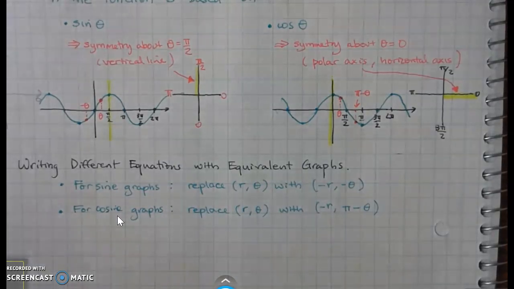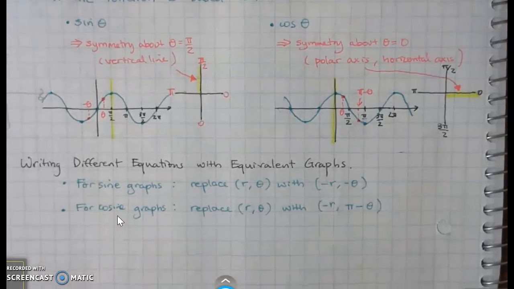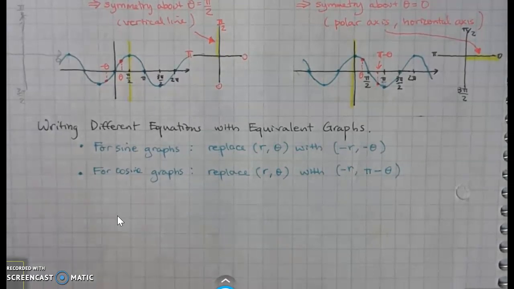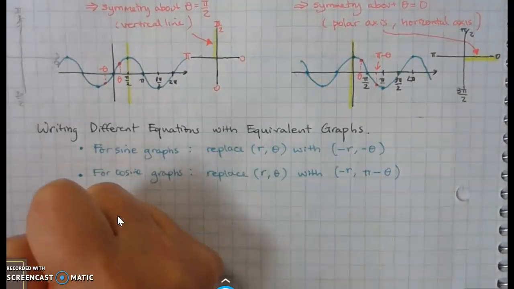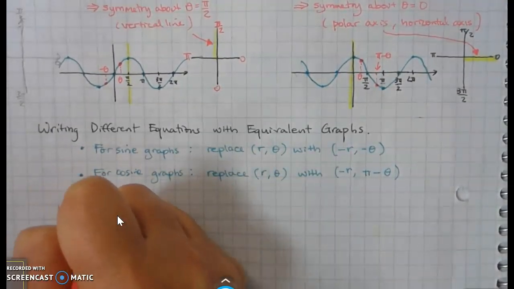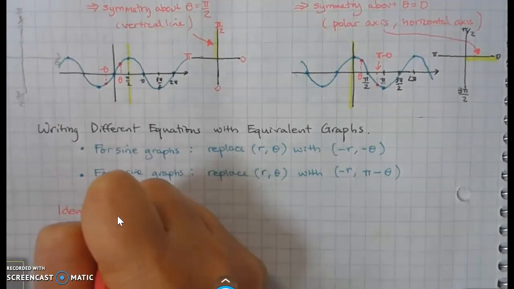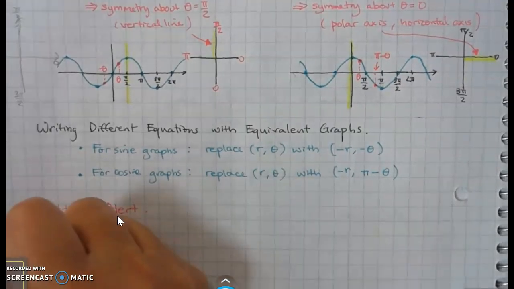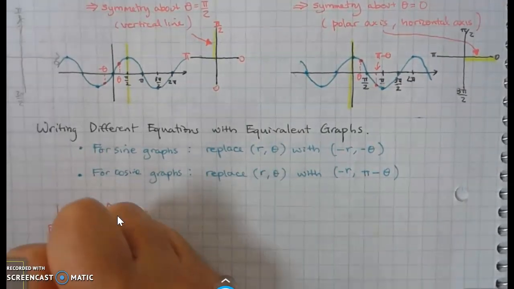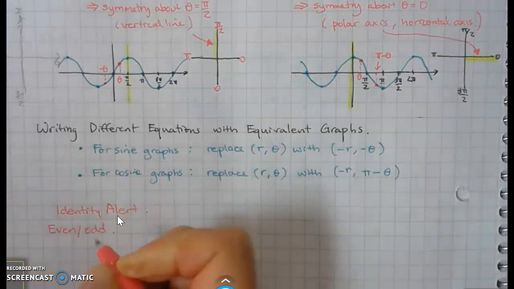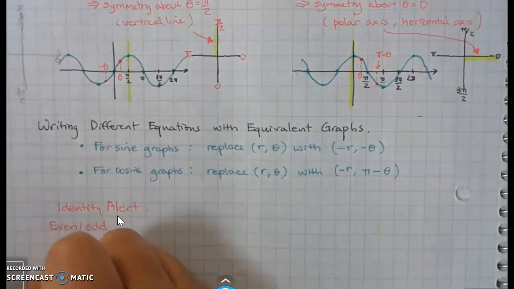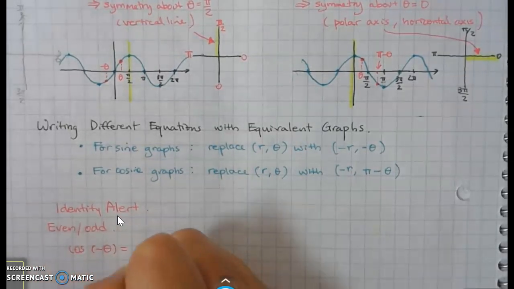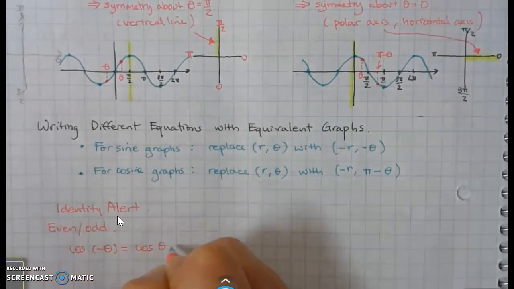But before we get started, one thing I need you to recall from trigonometry is some identities. Identity alert. Do you remember the even and odd identity, which said that cosine of negative theta is the same as cosine of theta?